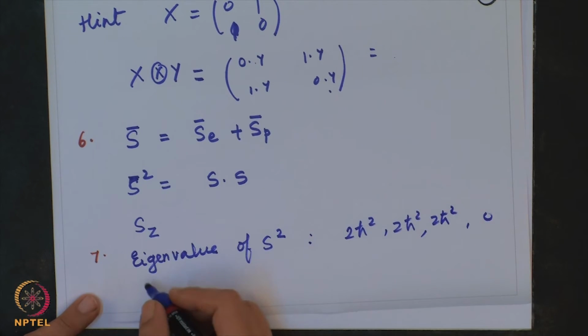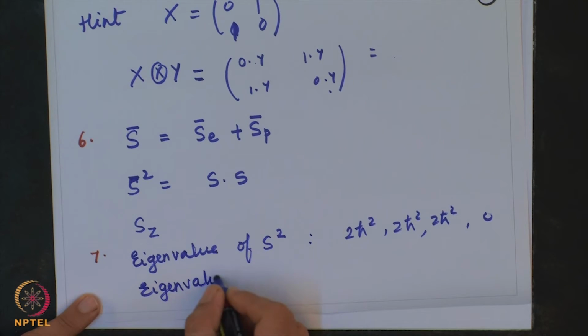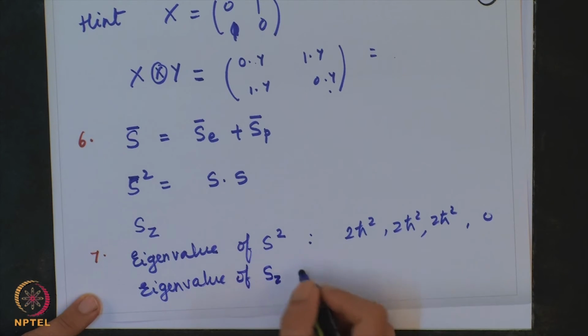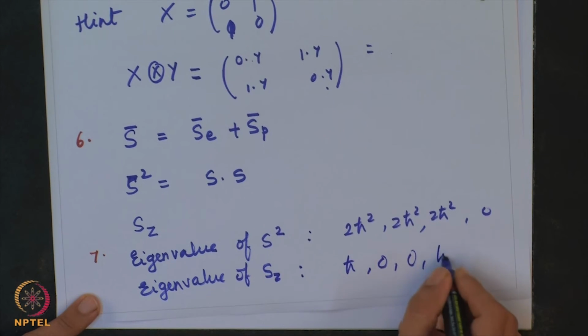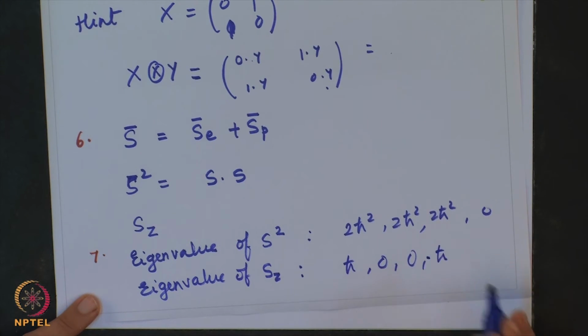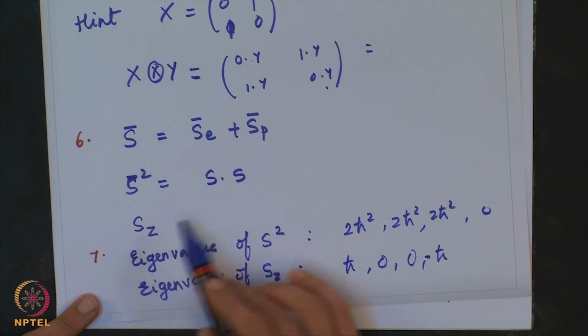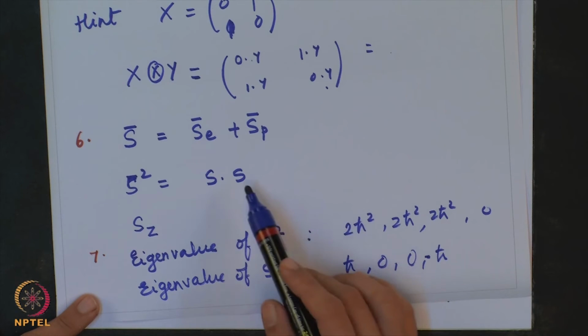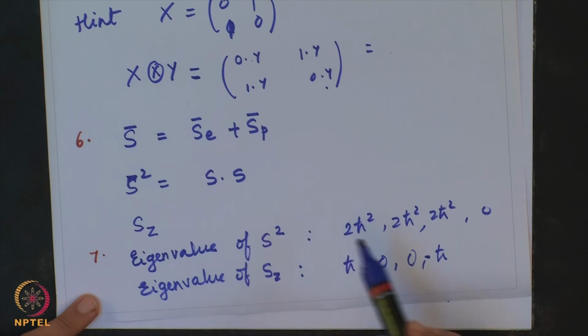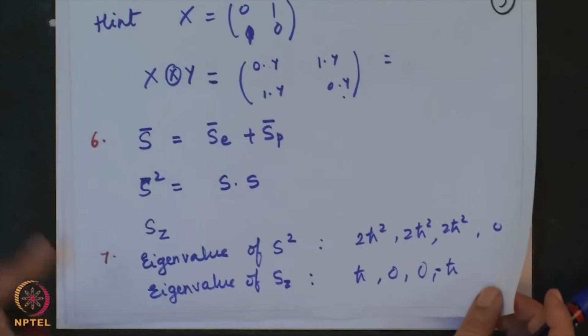So, it is triply degenerate, and the eigenvalue of Sz is ħ, 0, 0, minus ħ, because you will see that Sz is a diagonal matrix, I think, with diagonal elements 1, 0, 0 and minus 1. So, you can try and evaluate that part also.